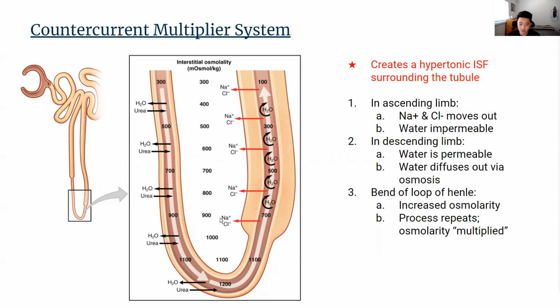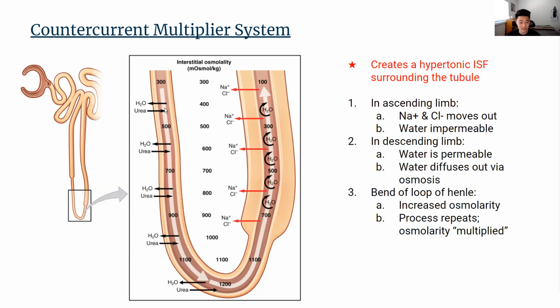But the interstitial fluid is hypertonic, right? Now, in the descending limb, water is permeable. So water can diffuse out. So water would diffuse out because the interstitial fluid created by the thick ascending limb is hypertonic, right? Because it's hypertonic, water diffuses out via osmosis. Okay.